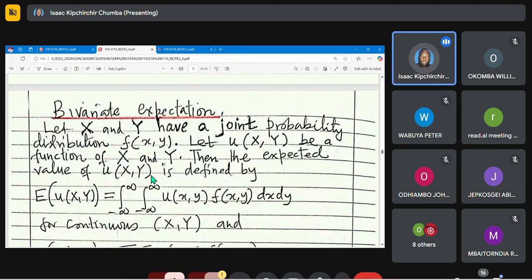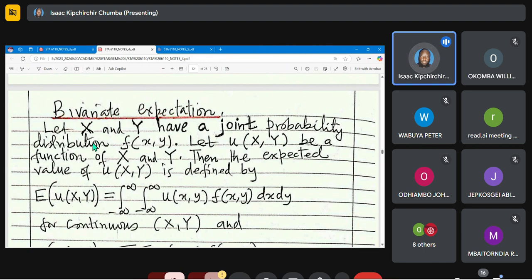Formally, when we discuss a single random variable, we talk about its expectation or expected value. Now we have talked about bivariate distributions. Along with it, we must also discuss what we call bivariate expectation.